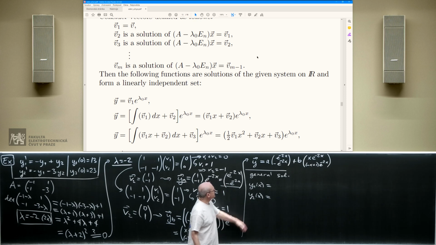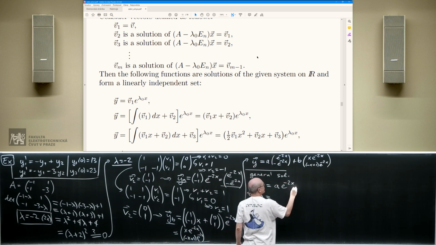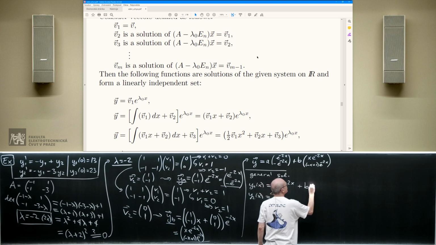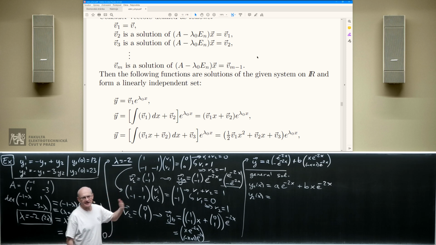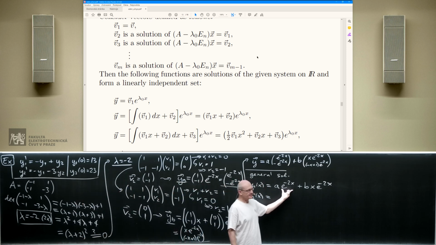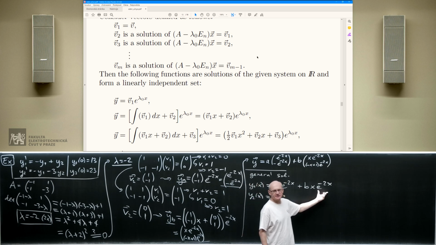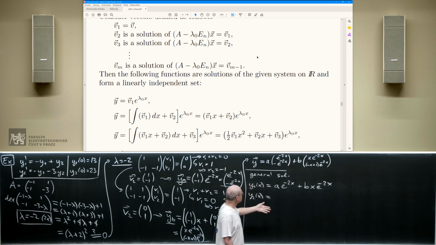And let's trace it. The first row, a times the exponential, e to negative 2x, plus bx e to negative 2x. By the way, when solving linear differential equations with lambda of higher order, this is exactly what we do. We set up the exponential, then we take x times the exponential, then we take x squared times the exponential. It's nice. But unfortunately for systems, it doesn't quite work, as we will just see.